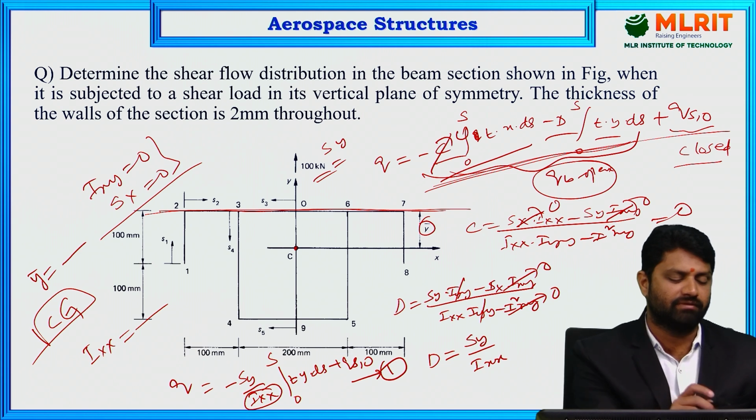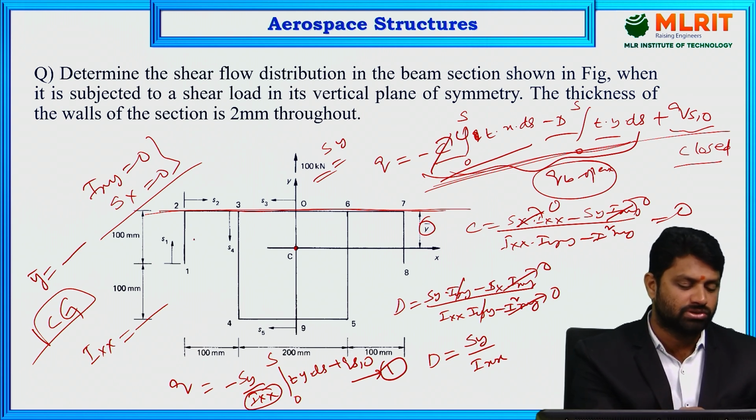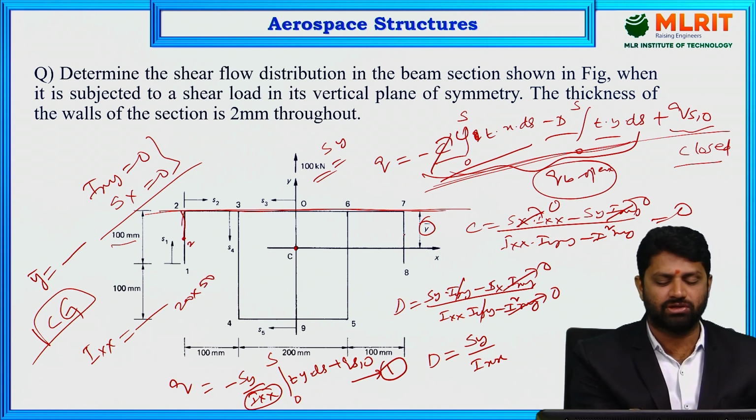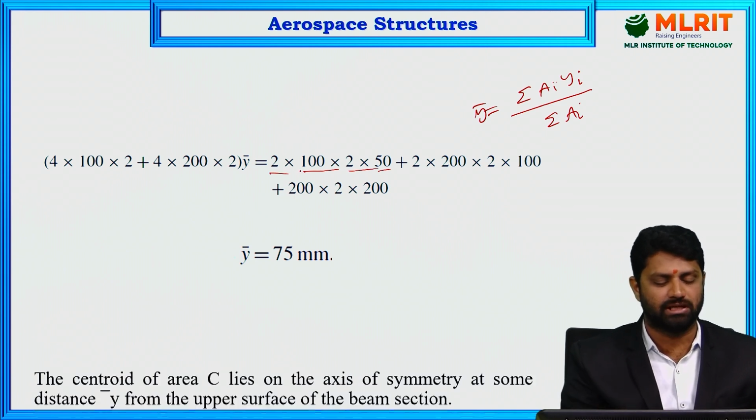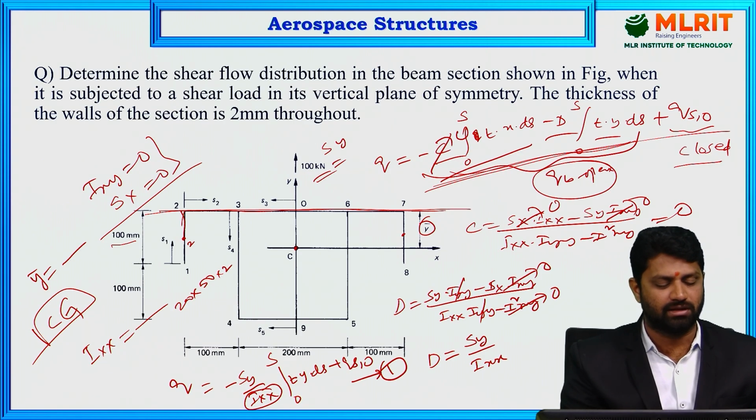For example, for 1 2, the area of 1 2 is 100 into 2, where 2 is the thickness, so the area of 1 2 is 200, and its y distance from the center of this figure is 50 mm, so we'll take 50. Similarly for 7 8 you get the same, and then we'll multiply by 2. That is what is shown here: 100 into 2 into 50, and you have 2 cells on either of the sides.